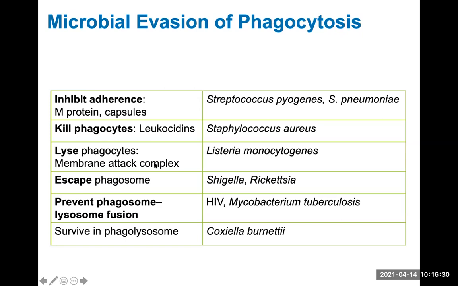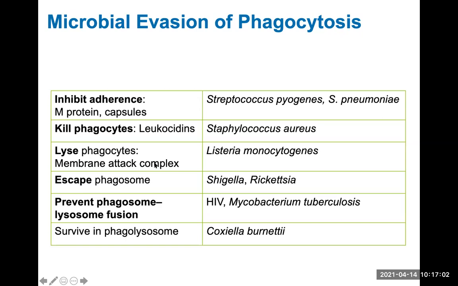We're not going to look into detail how they do that, but it's very interesting in that they can be taken up by phagocytes and the phagosome will form, and then they will escape, and the Rickettsia will actually multiply within the phagocyte, because Rickettsia is an intracellular pathogen. So it's like, great, now I'm inside.